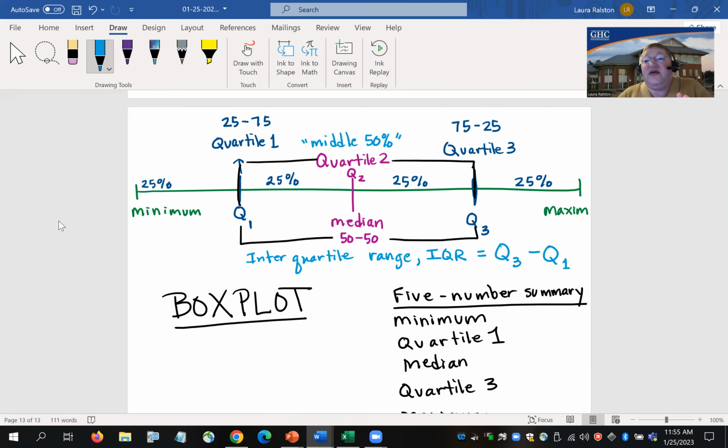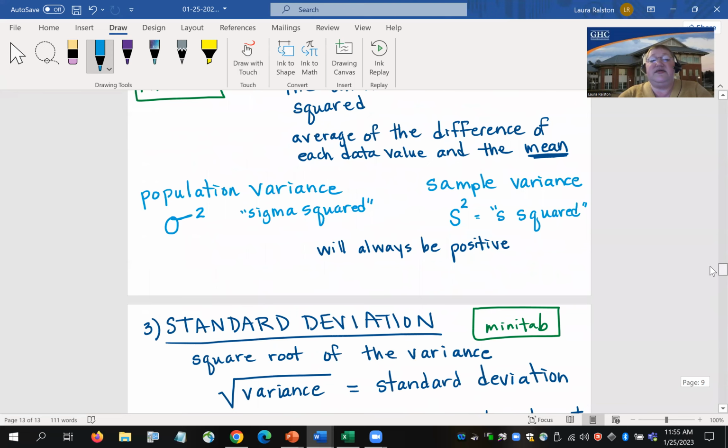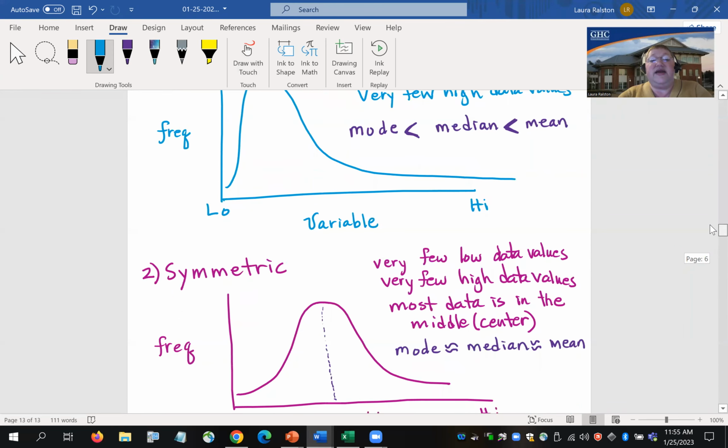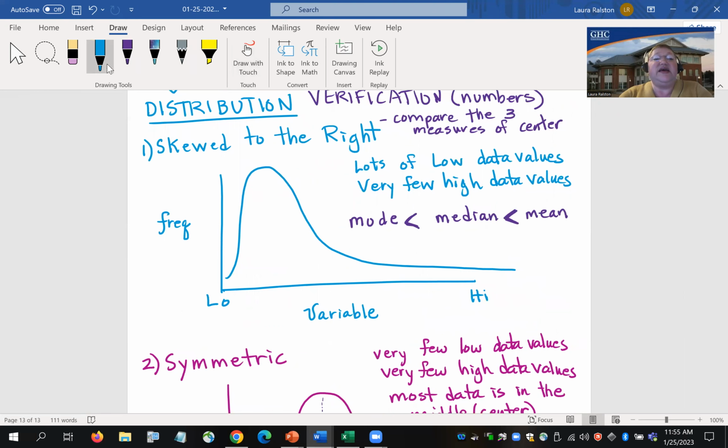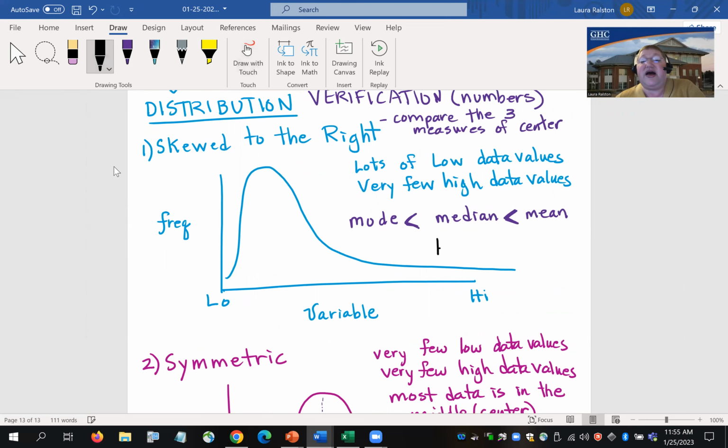We could also use that box plot to think about where the box is located. If the box is on the lower end or on the left, we say it's skewed to the right. Let me go back up here to our graphs. For skewed to the right on a box plot, my box would be on the left-hand side or the low end.